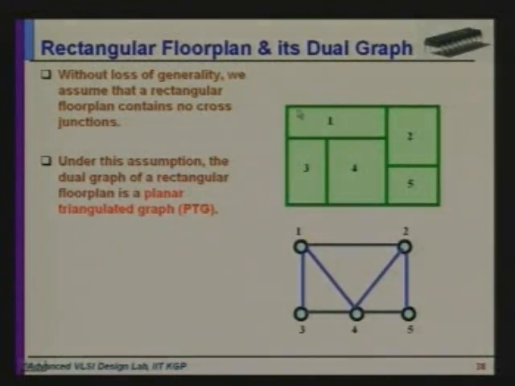So if this is a rectangular floor plan, then I have a graph corresponding to this, like this below. We assume a rectangular floor plan which contains no cross junctions. What is a cross junction? A cross junction is a junction like this.